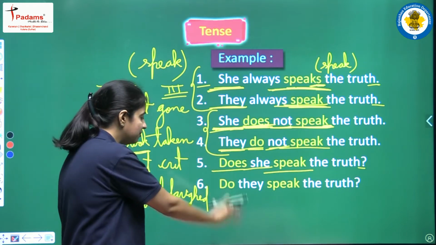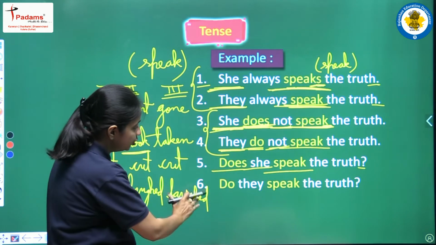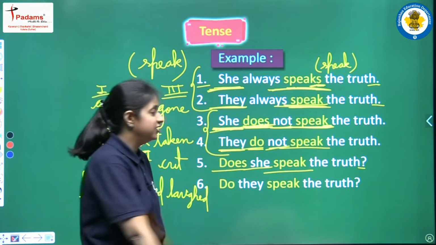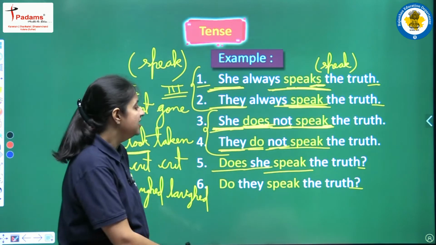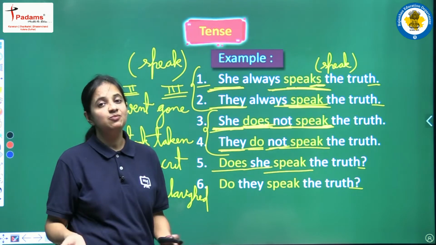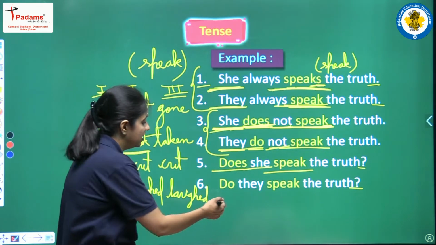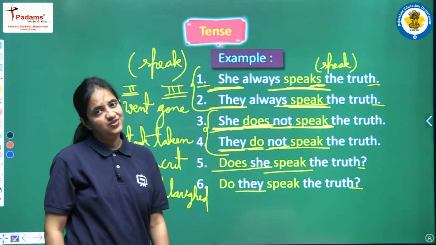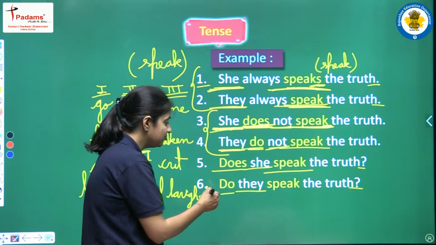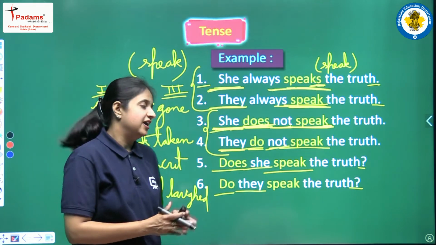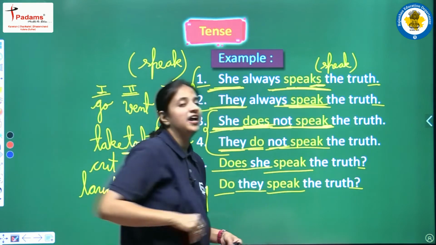And the last example that we are having is do they speak the truth? Again interrogative sentence. Why? Because we are having a question mark at the end of the sentence. So yes, we will write do and does, but according to the subject. Now we are having they as the subject, and again it is a plural subject. So for plural subject we always write do, and the first form of the main verb, that is speak.